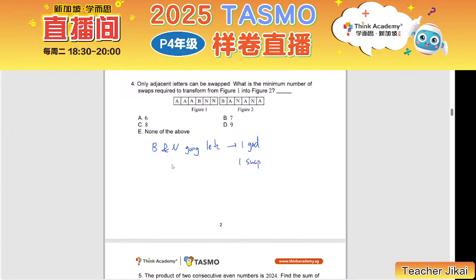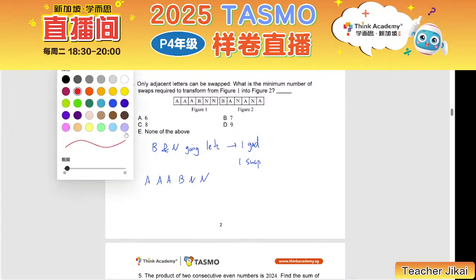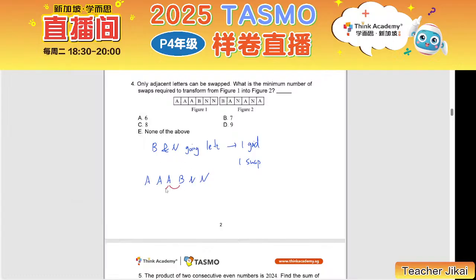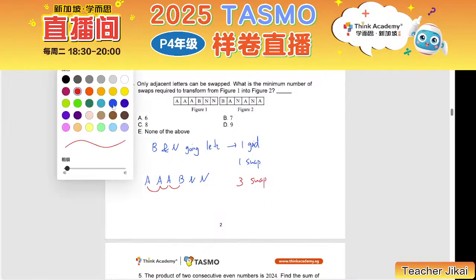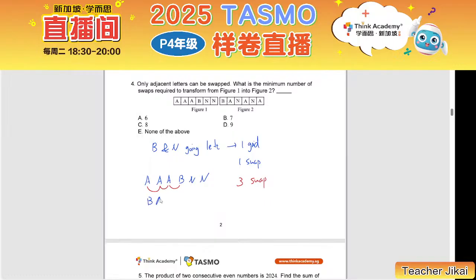So we first make B go to the first letter. Originally it is A, B, N, right? And we make B go to the first letter, we swap it once, twice, so 3 times, right? And then it will become B, A, N, right?